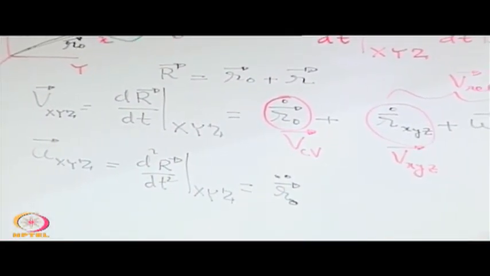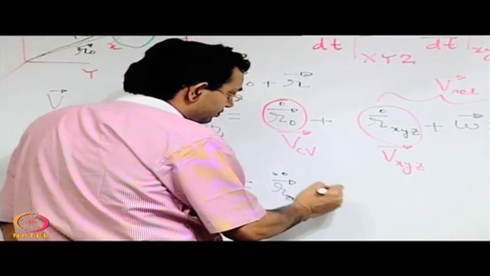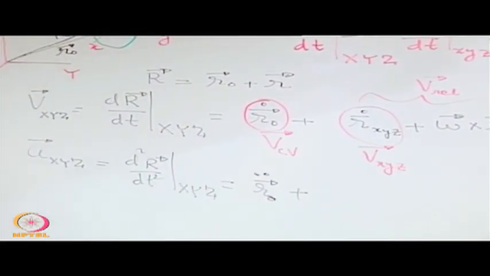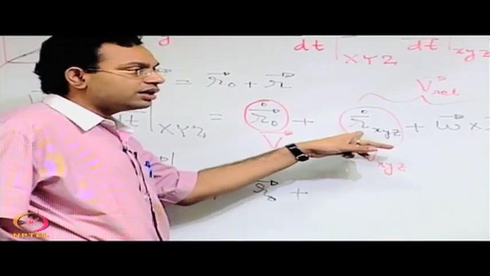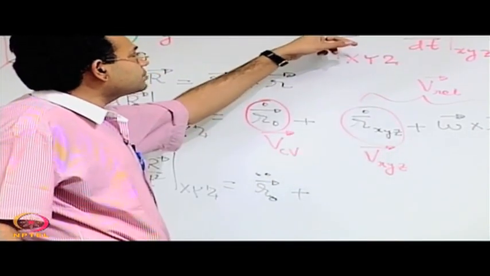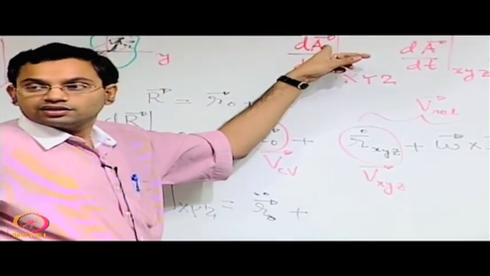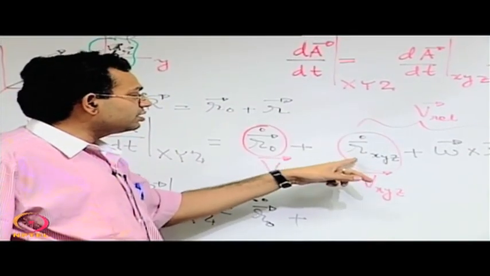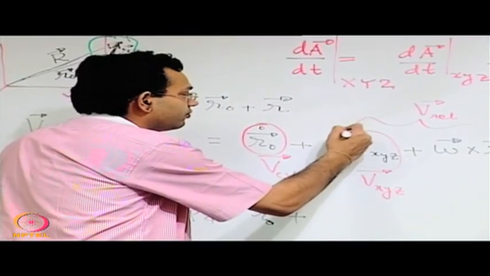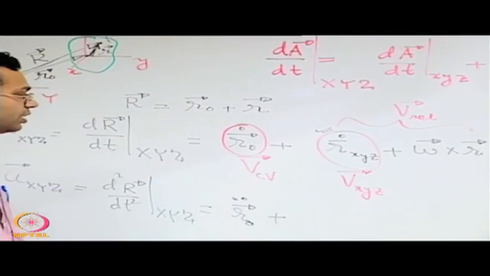Next, r dot small x y z, just substitute that with A in this expression. So, the d/dt of this one is what we are looking for.